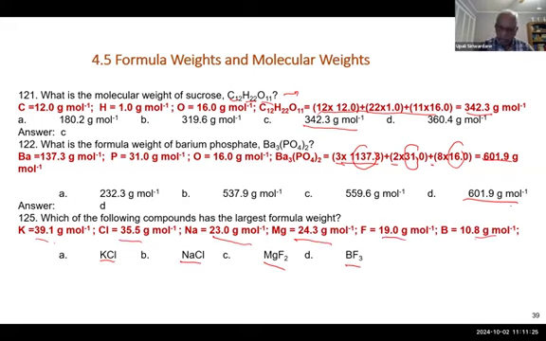So when you calculate that, potassium chloride has the largest mass. Sodium chloride is not. So the answer is A.